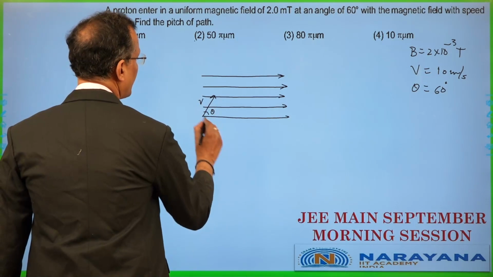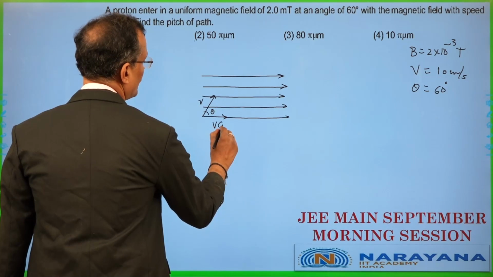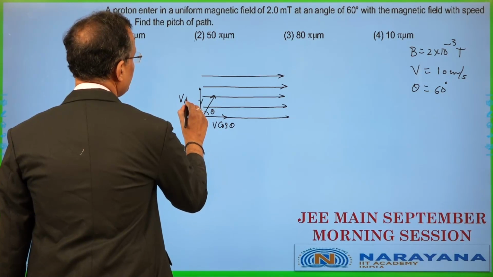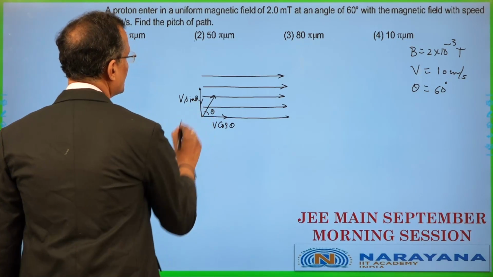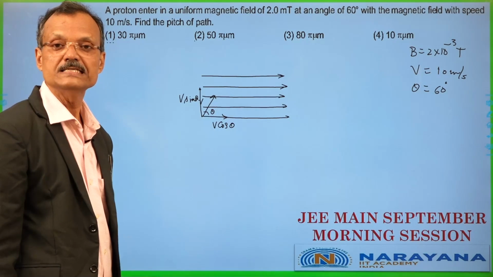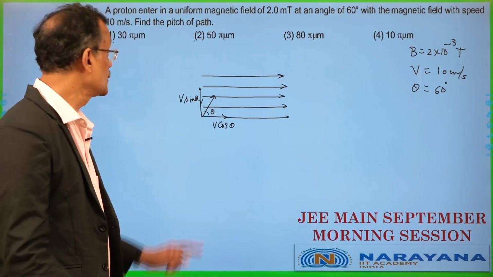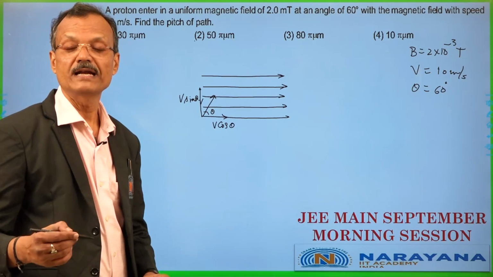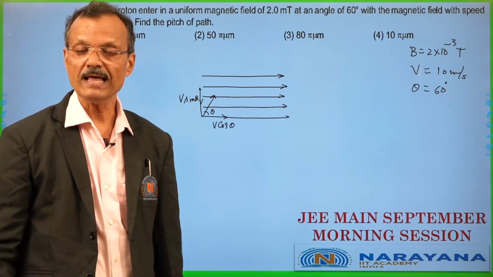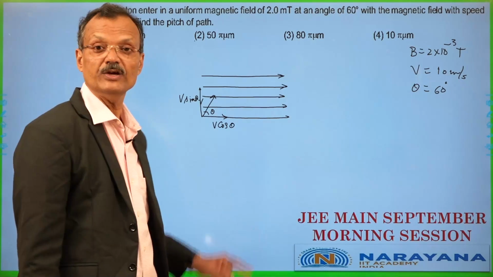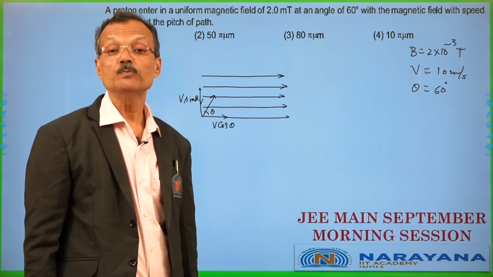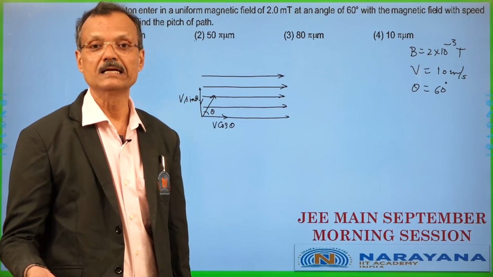So this v will have two components, v cos theta, and here it will be v sin theta. So the component at right angle to the magnetic field is v sin theta. Due to this, you know, in a magnetic field your charged particle will move in a circular path. But due to the v cos theta component, it will be displaced. So the path traced will be helical.